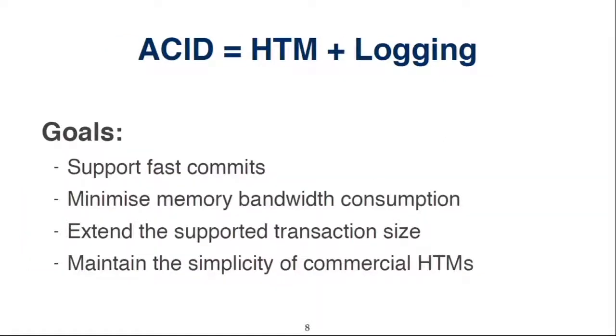So we want to support ACID in hardware by leveraging hardware transactional memory in conjunction with hardware logging, while providing fast commits, which also minimize the memory write bandwidth consumption. And we want to extend the supported transaction size beyond the L1 cache while still maintaining the simplicity of the L1 cache of the commercial HTMs.